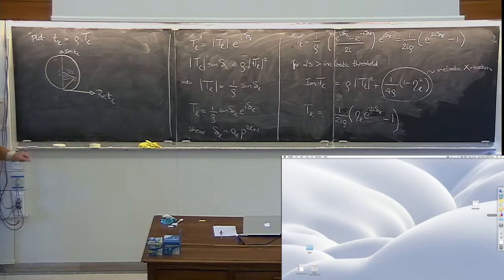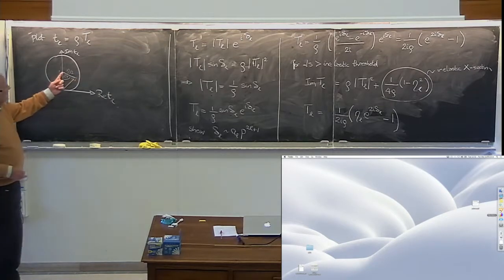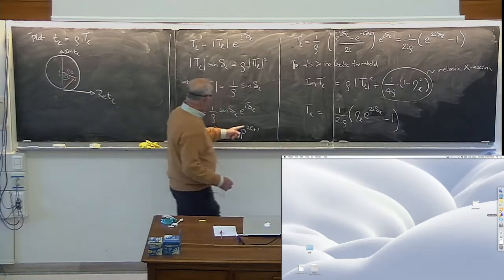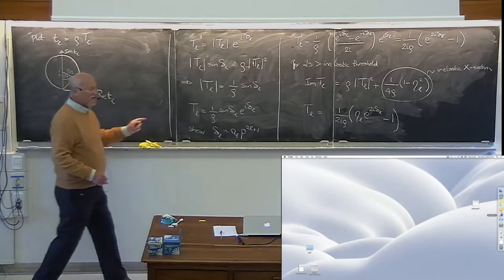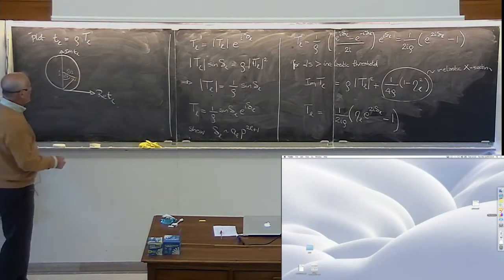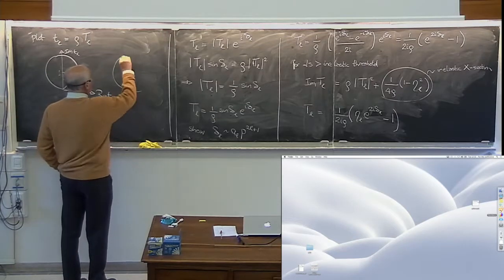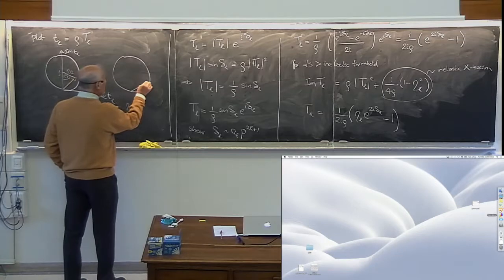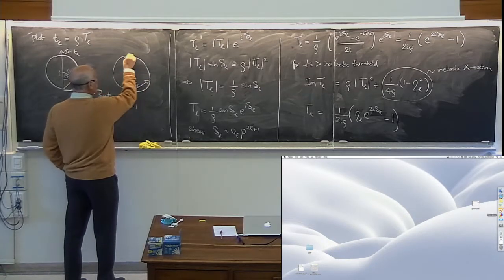Now when eta is equal to 1, namely it's elastic, then this vector is on the circle. So elastic unitarity, namely this equation, says that the amplitude is on the circle. So when eta equals 1, the amplitude vector T_L is on the circle.